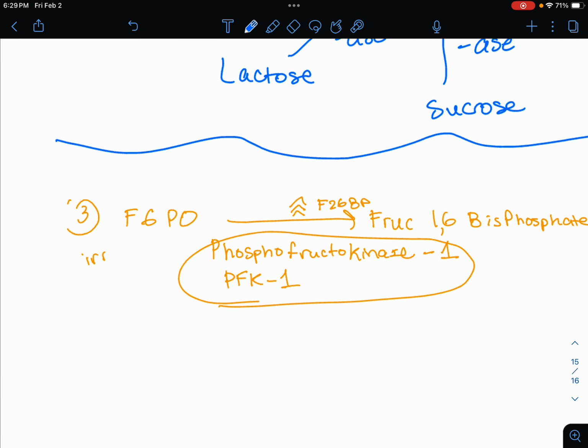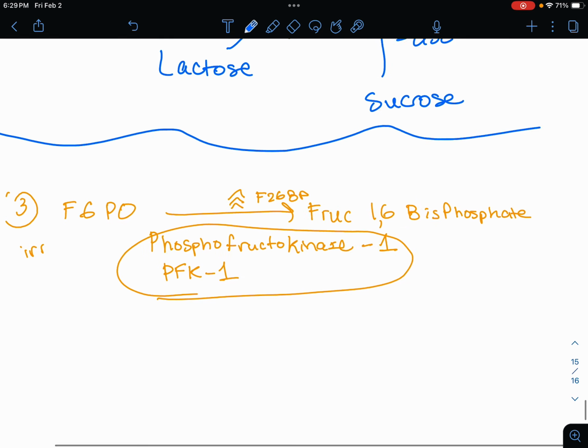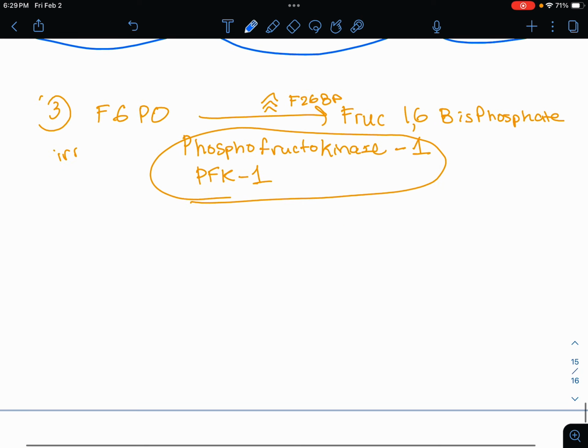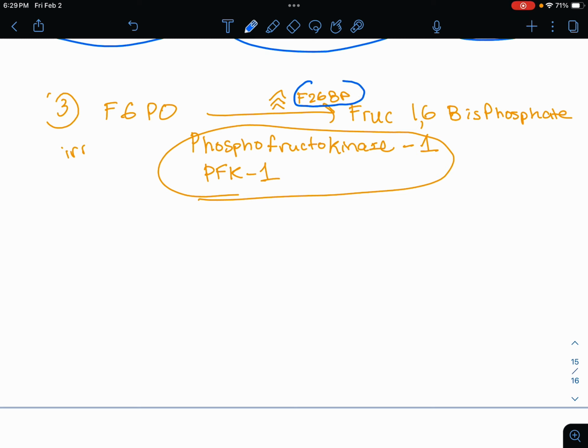All right, for review, step 3 in glycolysis is fructose 6-phosphate goes to fructose 1,6-bisphosphate when we have phosphofructokinase 1. But we also talked about phosphofructokinase 2, so that's going to involve this fructose 2,6-bisphosphate. So we're going to be increasing this forward when we're stimulated by, again, PFK2 and insulin.